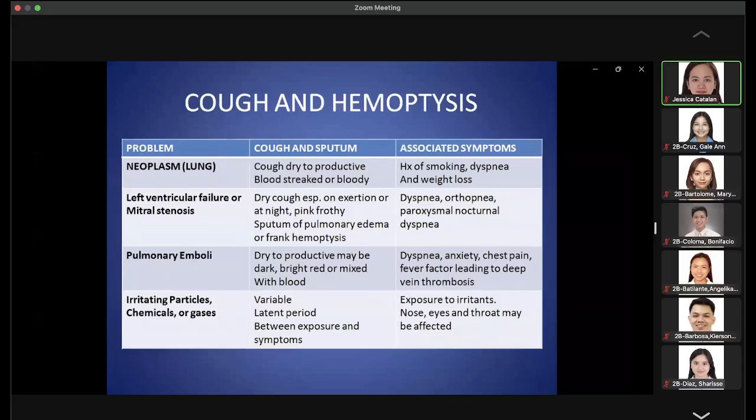Neoplasm of the lung may also present with cough and hemoptysis. And other symptoms that you can ask from the patient are history of smoking, difficulty of breathing, and an unintentional weight loss.